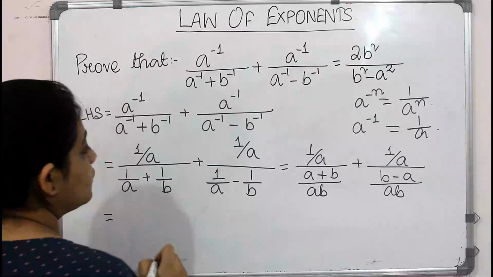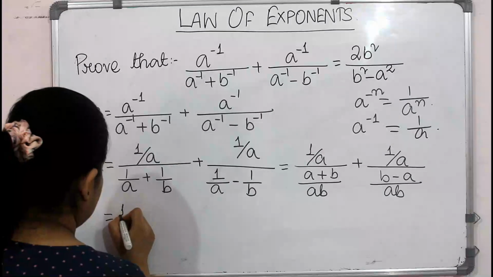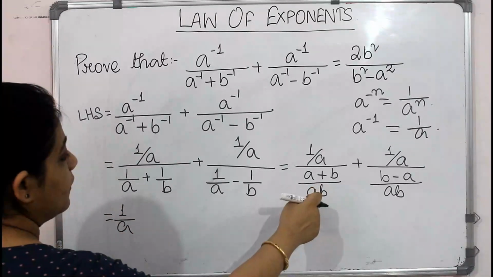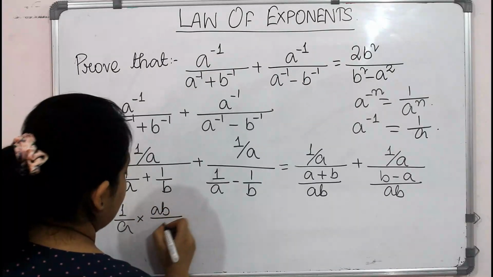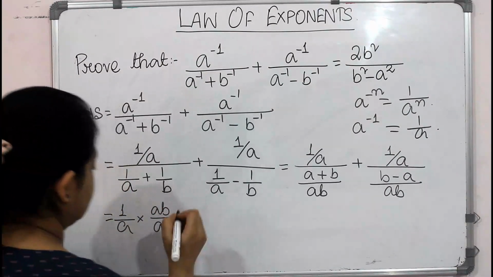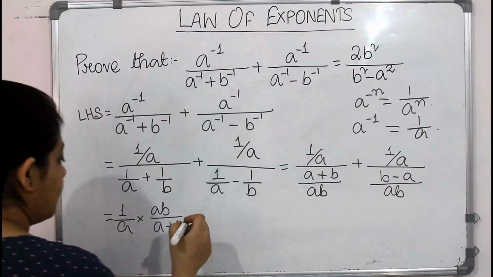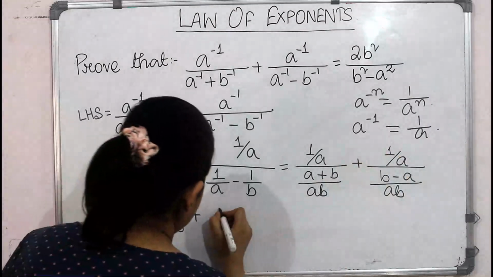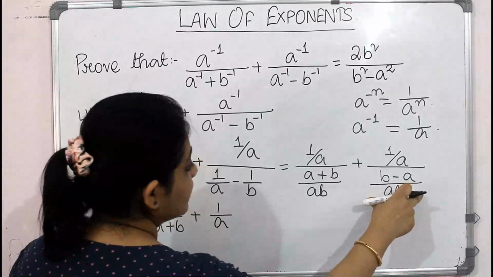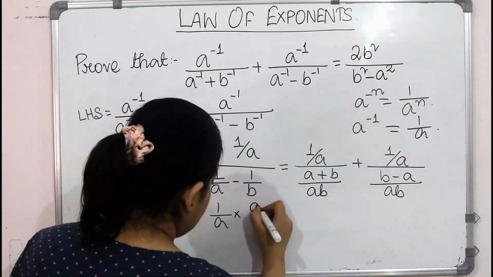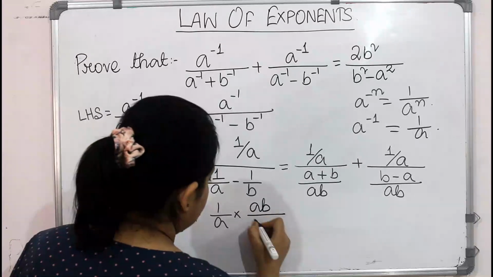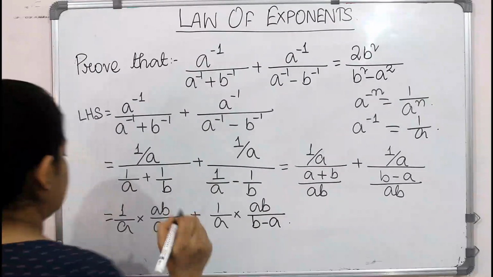So this will be ab divided by a plus b, isn't it? And plus 1 by a, and since it is divide, ab will be in the numerator and b minus a will be in the denominator.